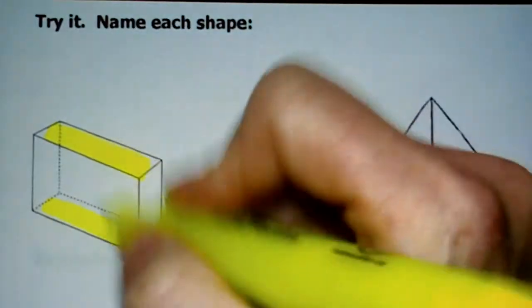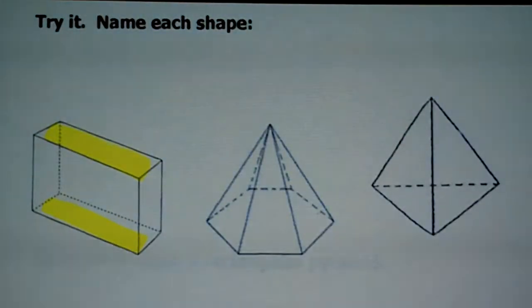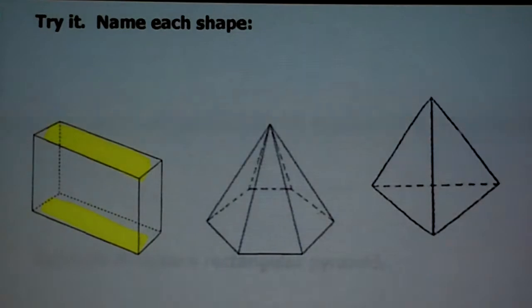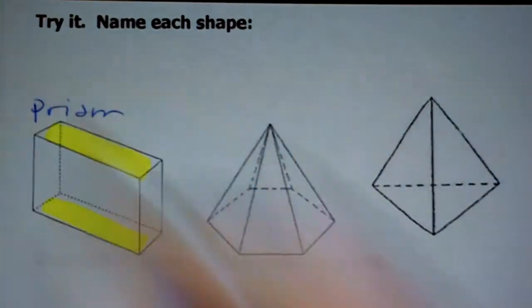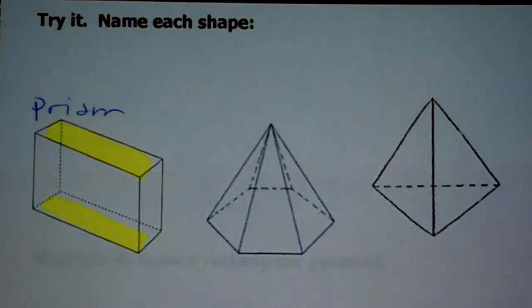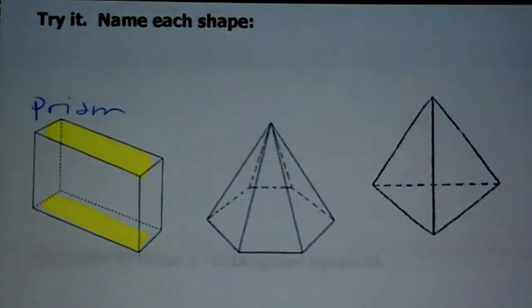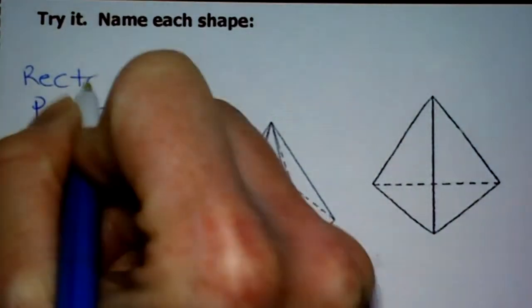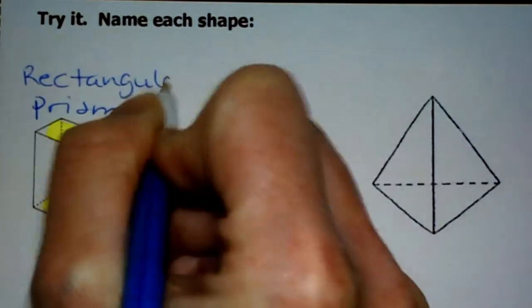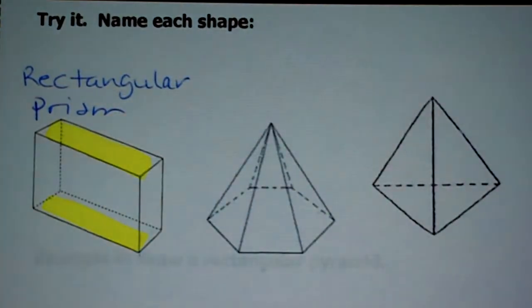Do you see how the top and the bottom are the same? Yes, that makes this a prism. So I'm going to write the word prism above this. And I have to know what kind of prism. Well, this shape right here, it's a rectangle, right? So that makes this a rectangular prism.